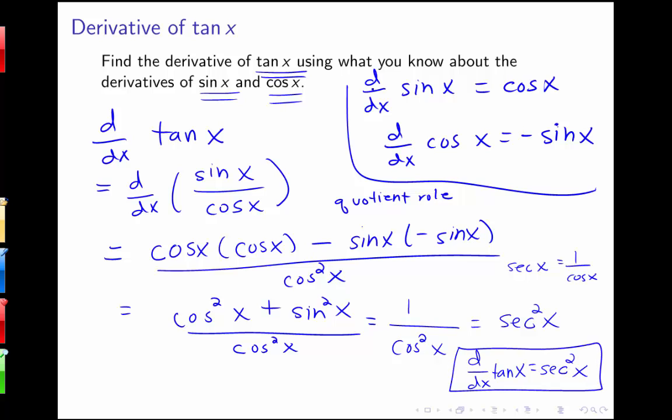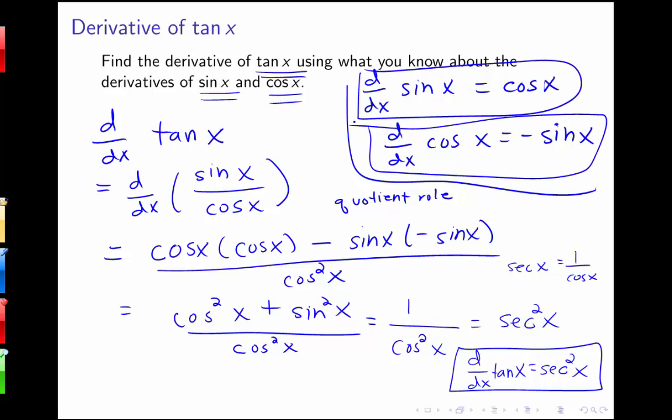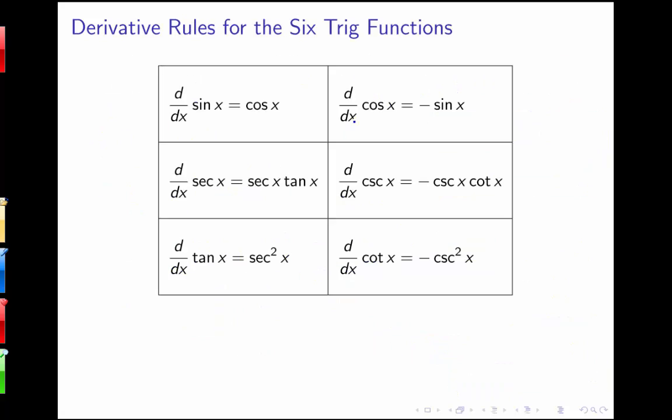So now we have these 3 derivative rules, and there are 3 more that we need to know. Here's the summary of the 6 derivative rules. We've got the derivative of sine is cosine, the derivative of cosine is negative sine, and the derivative of tangent is secant squared. I would encourage you for the other 3 to do what we just did for tangent.